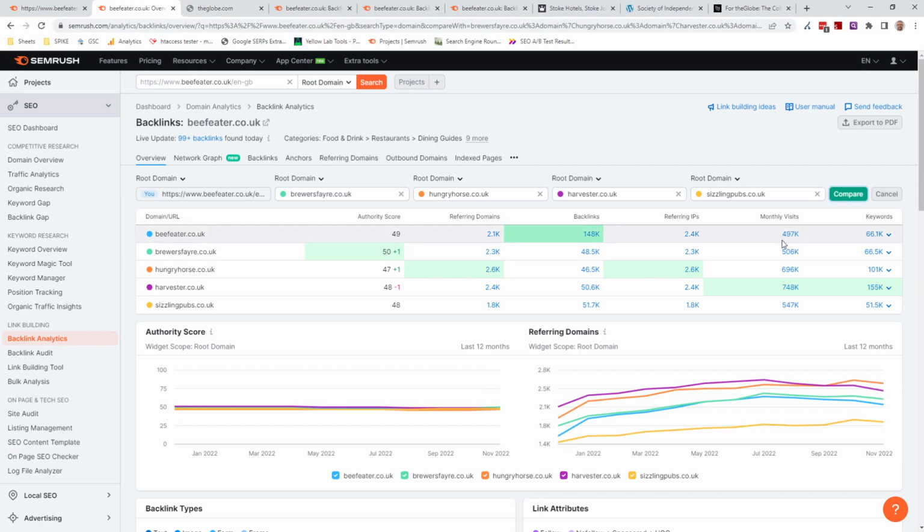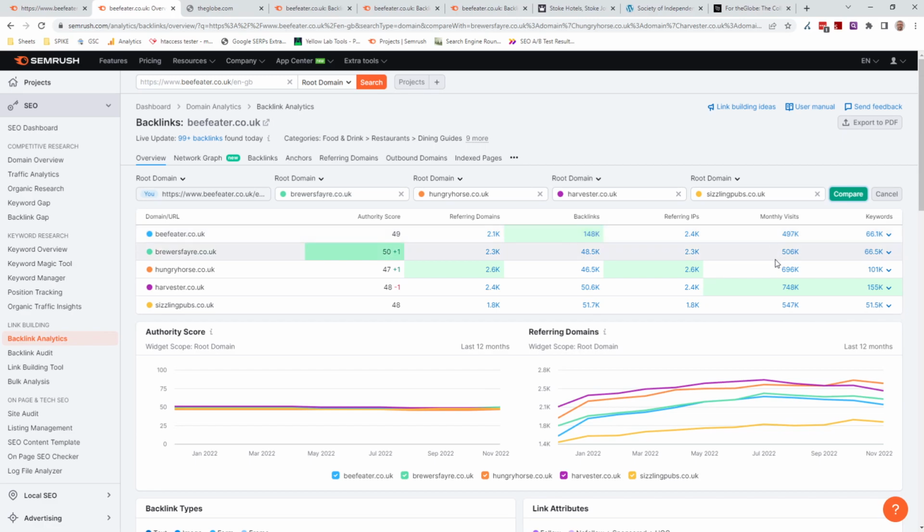Monthly visits. Now, this is guesswork again by SEMrush. So what it's doing is it's looking really at the number of keywords and the search volume of those keywords, how people are searching for Beefeater, and it's making an educated guess as to how many monthly visits Beefeater should be getting out of those keywords, what traffic they should be getting.